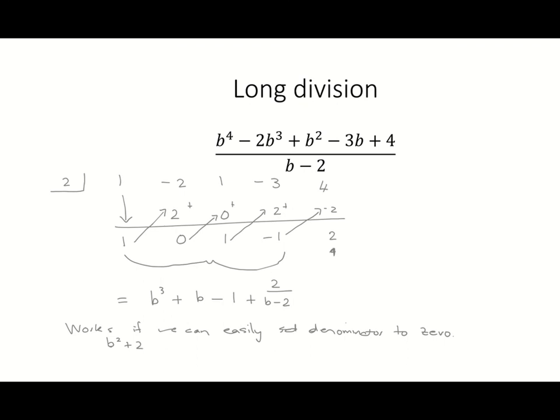That wouldn't work, because then we'd be trying to say b squared equals -2, and there's no real number that works there. So it only works if we can easily make the bottom line equal to 0.